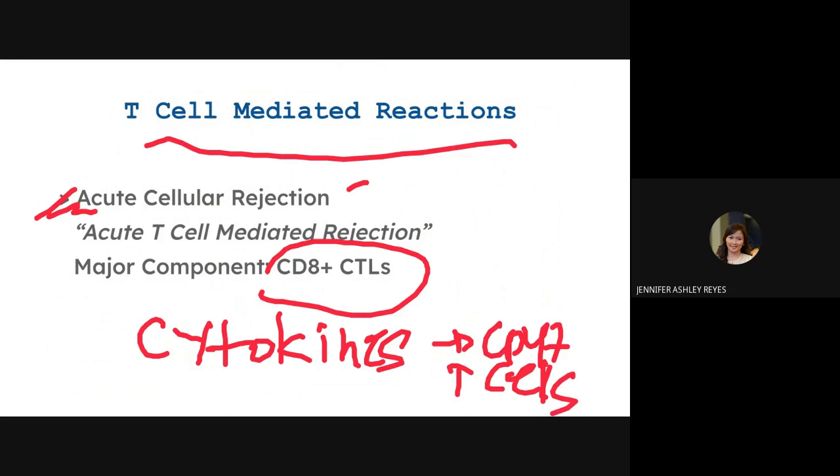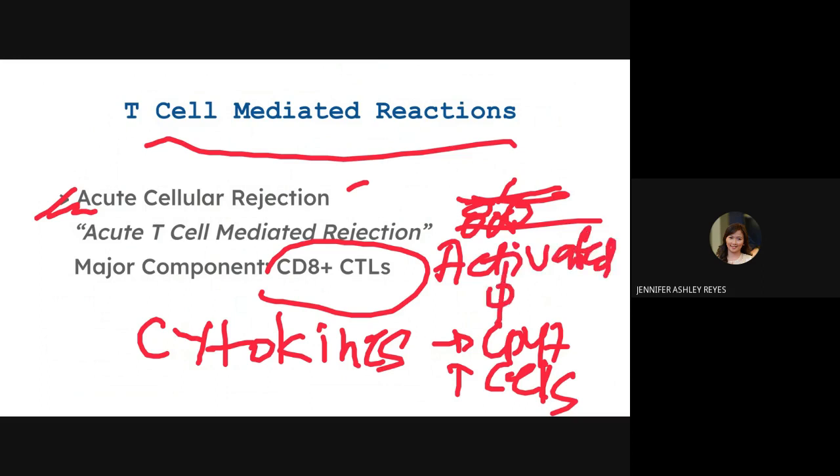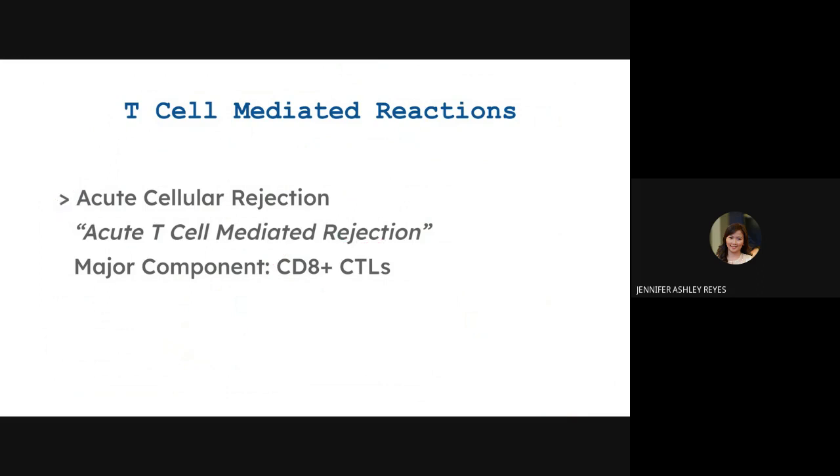Okay? So that inflammation will result in ano ba yung mga hallmarks? May vascular permeability, tapos accumulation of mononuclear cells, and graft injury that are mediated by activated macrophages. Okay, so yun ang ating acute T-cell mediated reaction.